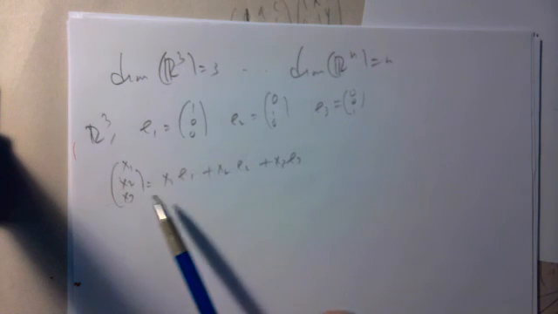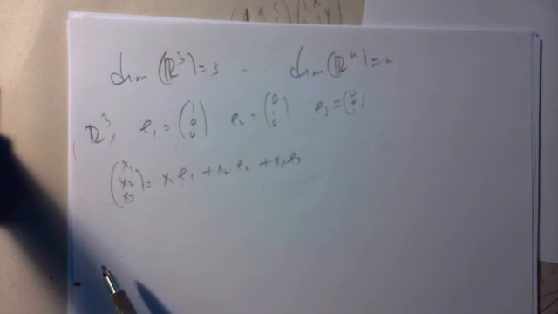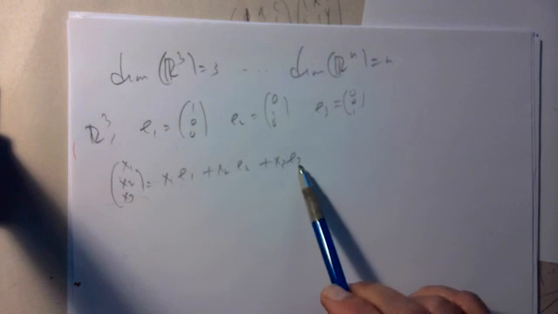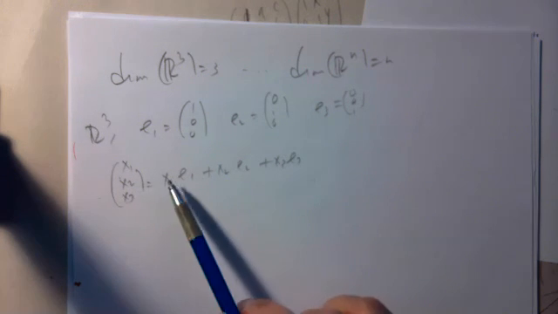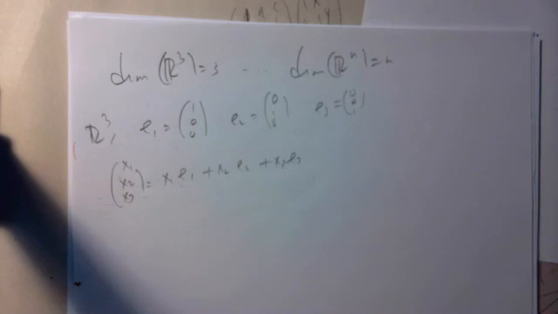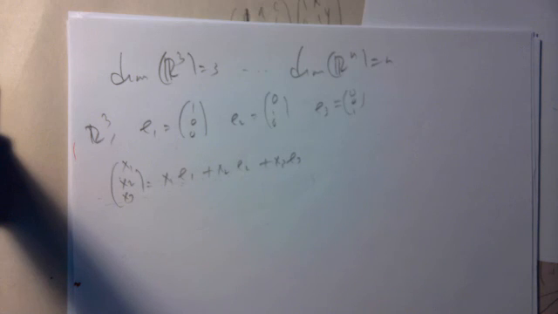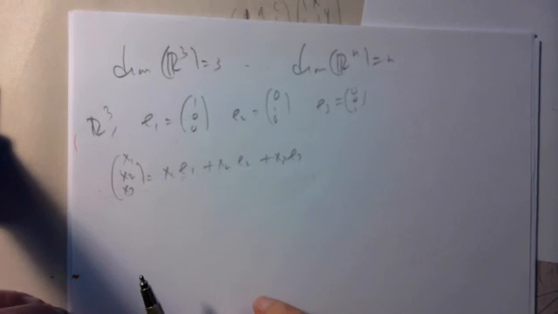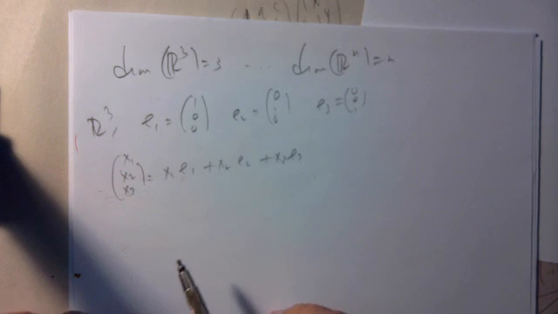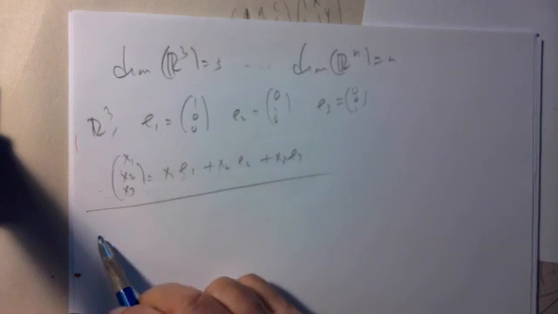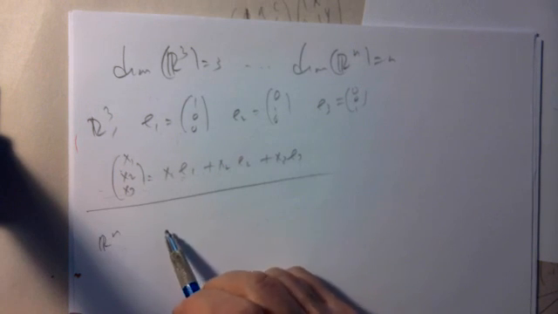So the set of e1, e2, e3 generates R3. And conversely, if some linear combination is the 0 vector, then x1, x2, and x3 would have to be 0. So that proves that these 3 vectors are linearly independent. And they form a basis.